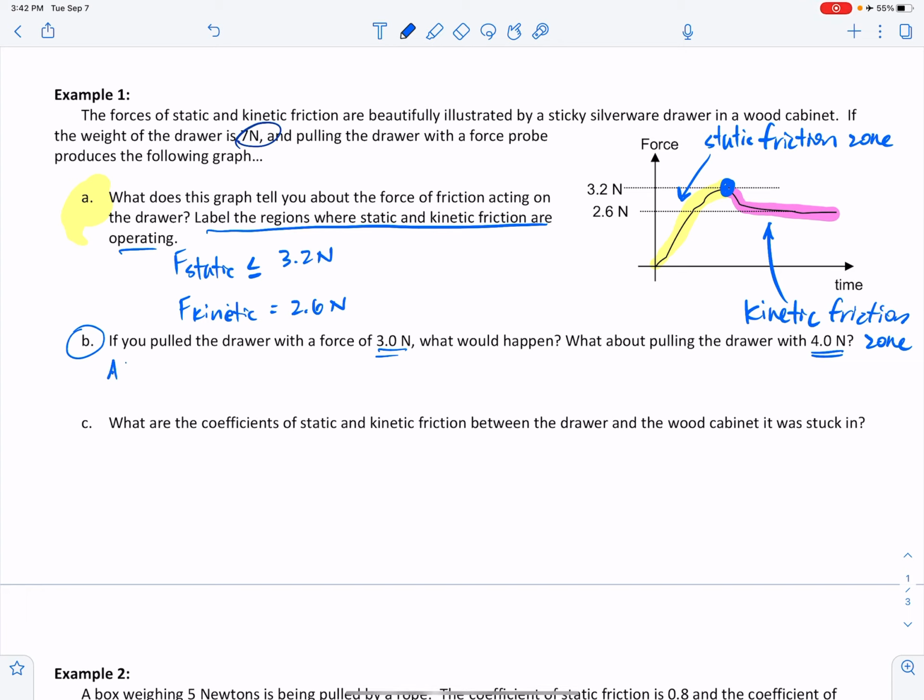So I'm going to say at 3 newtons, no slipping, because we haven't exceeded the force of static friction. However, at 4 newtons, we have overcome the force of static friction, and so the drawer will slide out. So I'm going to say F static is overcome, and the drawer slides out.